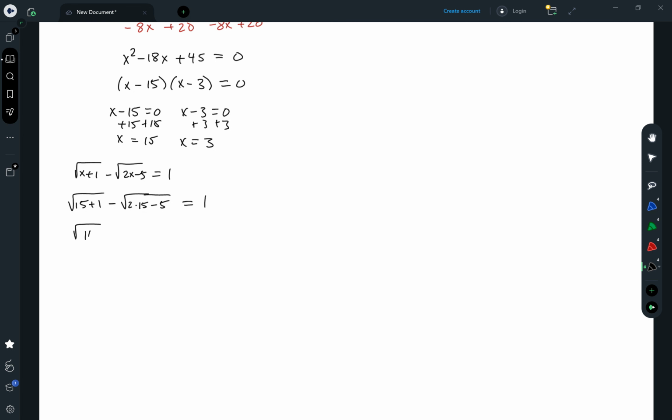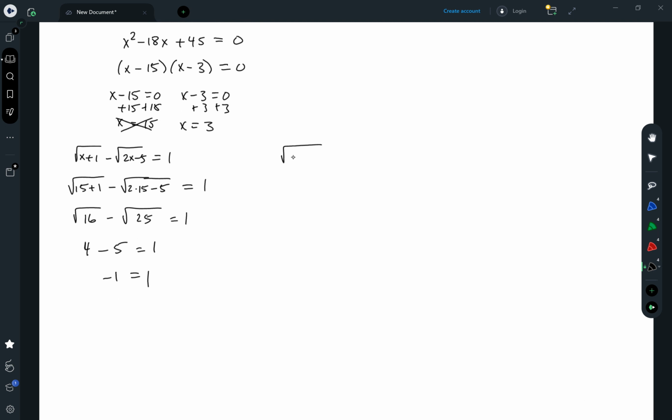So I have square root of 16, and over here I have square root of 2 times 15 is 30, 30 minus 5 is 25, square root of 16 is 4, and square root of 25 is 5. And we can see here we get an untrue equation, which means that 15 is extraneous, and we are not going to include it in the solution.